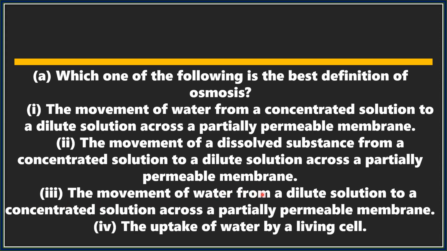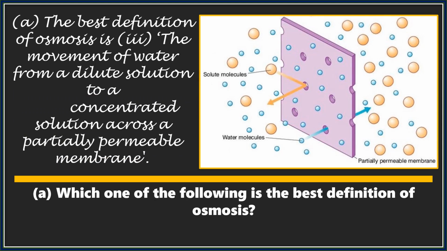The movement of water from a dilute solution to a concentrated solution across a partially permeable membrane. 4. Uptake of water by living cells. The answer will be the best definition of osmosis is number 3. The movement of water from a dilute solution to a concentrated solution across a partially permeable membrane.